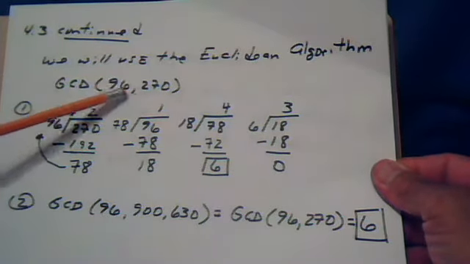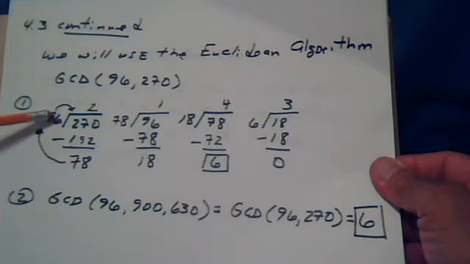You start the division. So 270 goes underneath the division sign, and you do your regular division. The remainder for the next division takes the place of the 96, and the 96 takes the place of the 270, and we're going to keep doing that till we get a remainder of 0.